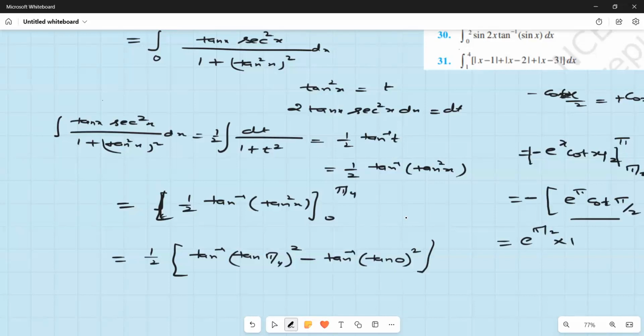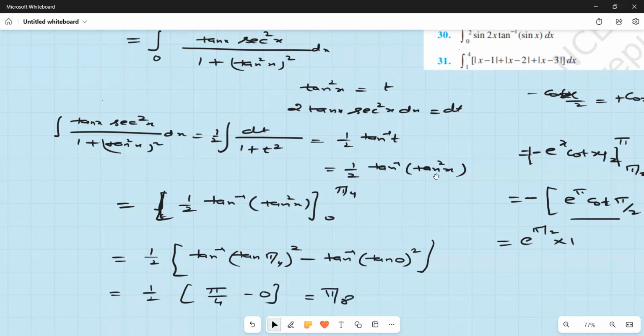Why am I writing square over here? So that you remember, if the value is coming for any other angle, you remember to square it. So tan pi by 4 is 1, 1 square is 1, so tan inverse is again pi by 4, right? And this is 0. So the answer is pi by 8.